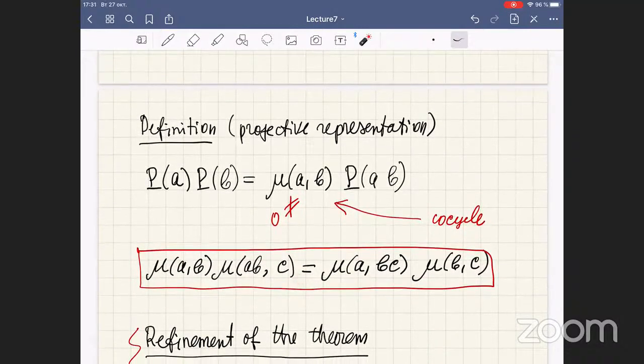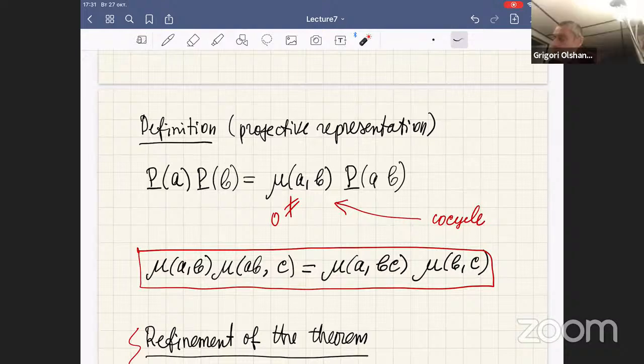In the case of groups, this is necessary. But in the case of semigroups, it's a little bit involved because in principle these operators are not necessarily invertible. So there are some possible difficulties.